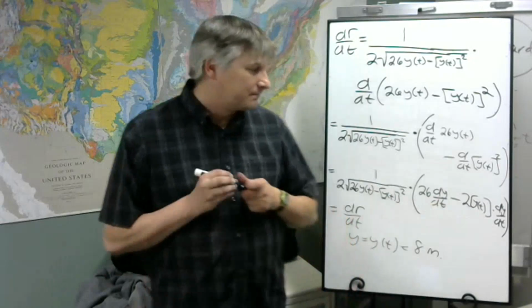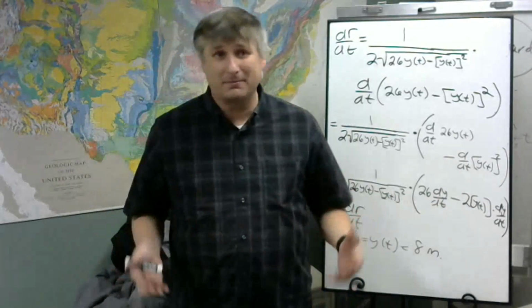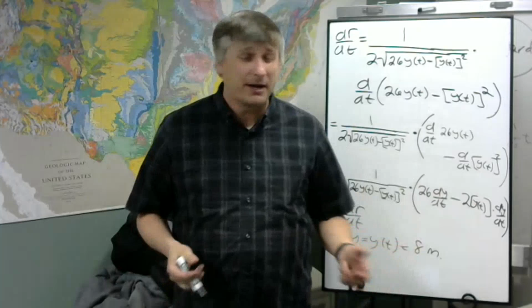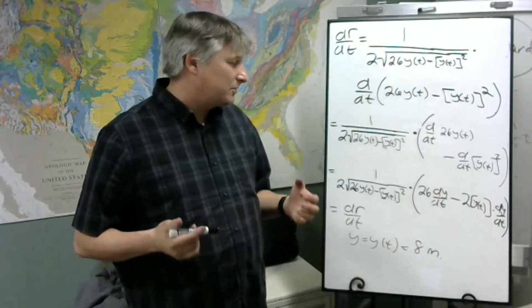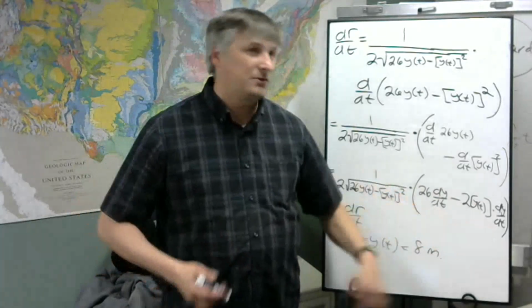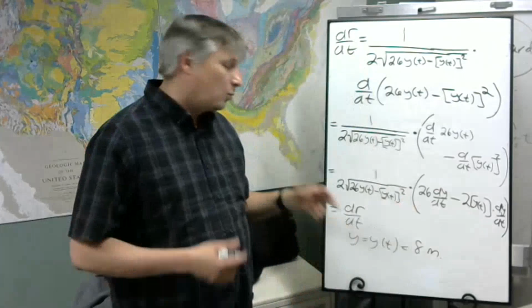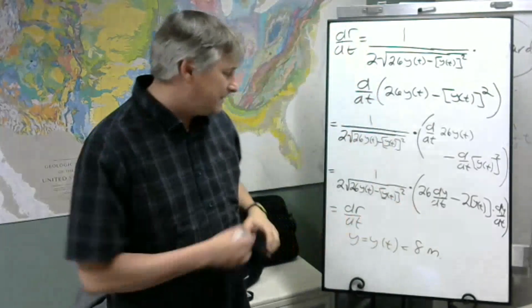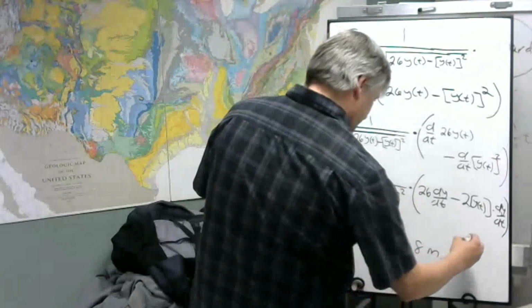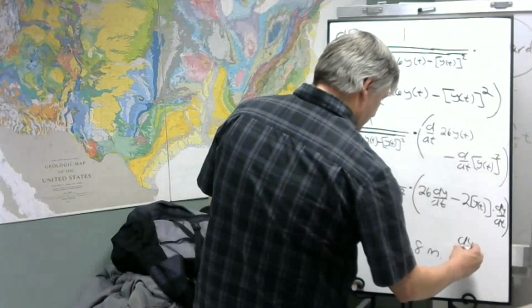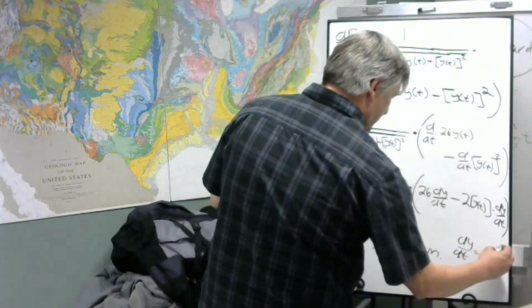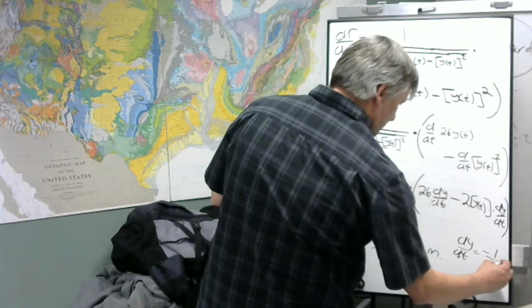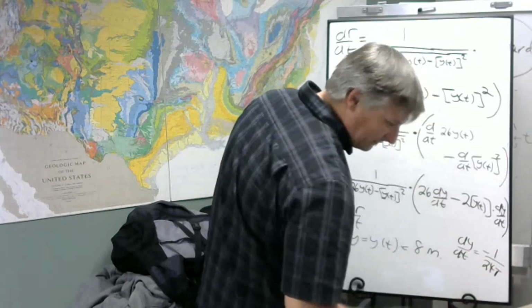Well, to be honest, this is where we go back to part A. In some of these problems, they'll have you hop around. We actually know what dy/dt is, the change of the water level, when the water level is passing by 8 meters. And that is dy/dt is negative 1 over 24/5.